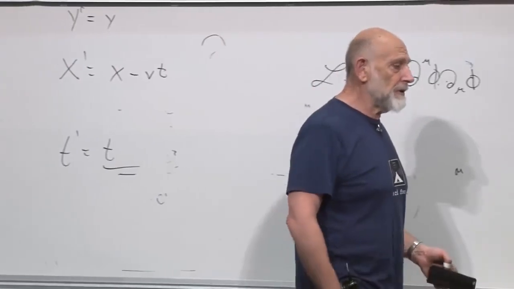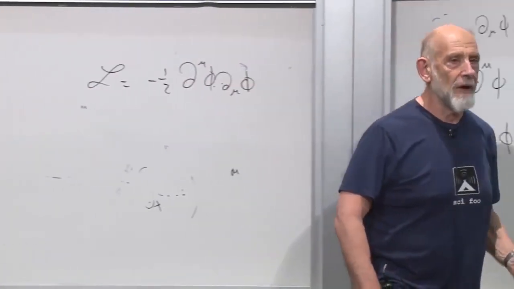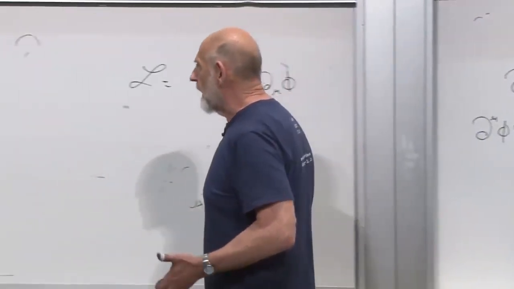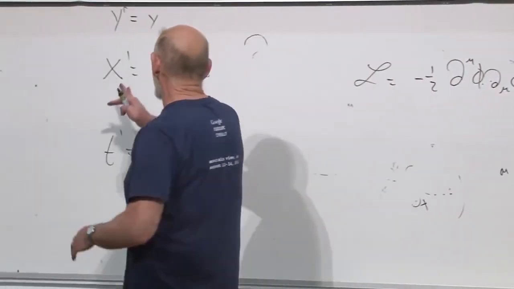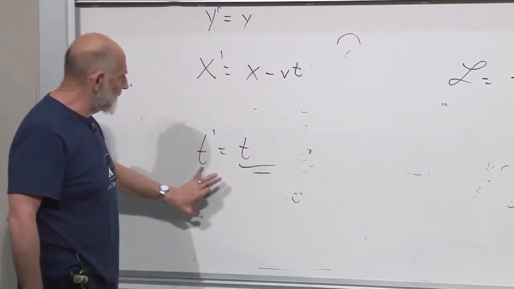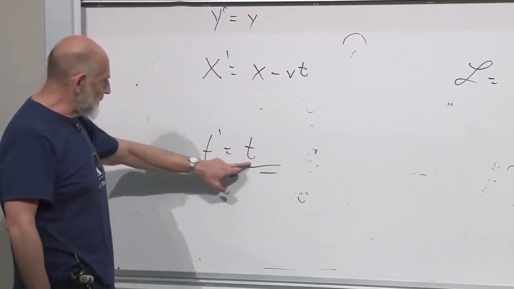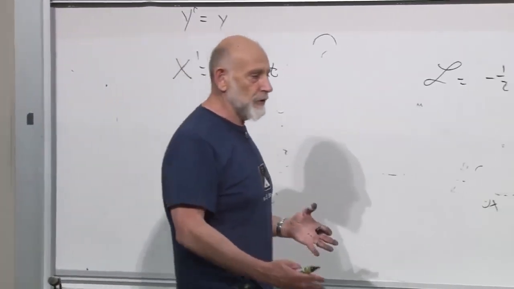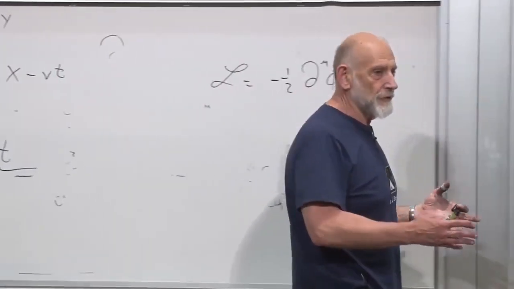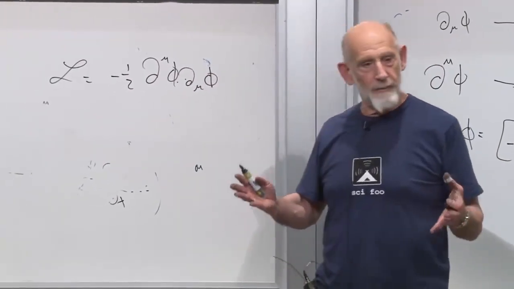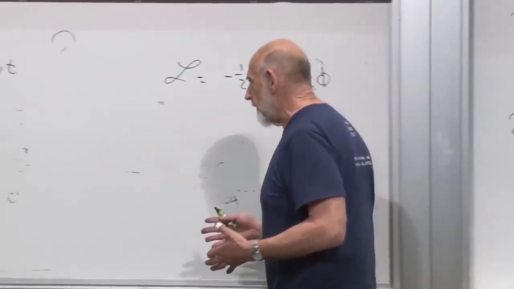So yes, there is an invariance of non-relativistic Newtonian mechanics. It's called Galilean invariance, and it requires the equations to be invariant under these replacements. This replacement is trivial. It just says that all observers, all frames of reference share the same time. Simultaneity is the same for everybody. So that's easy.